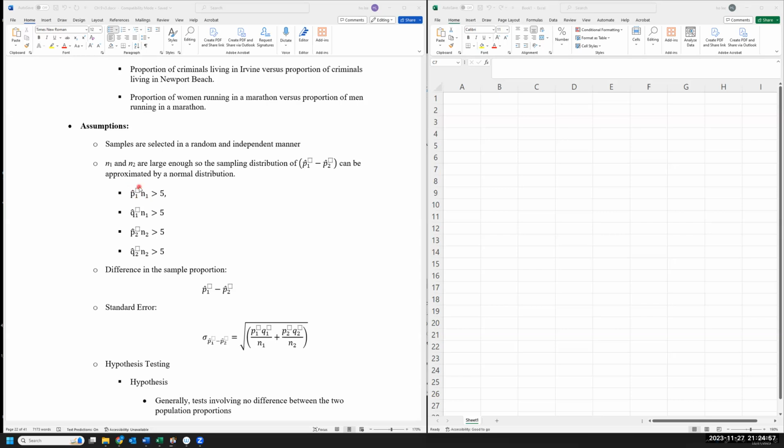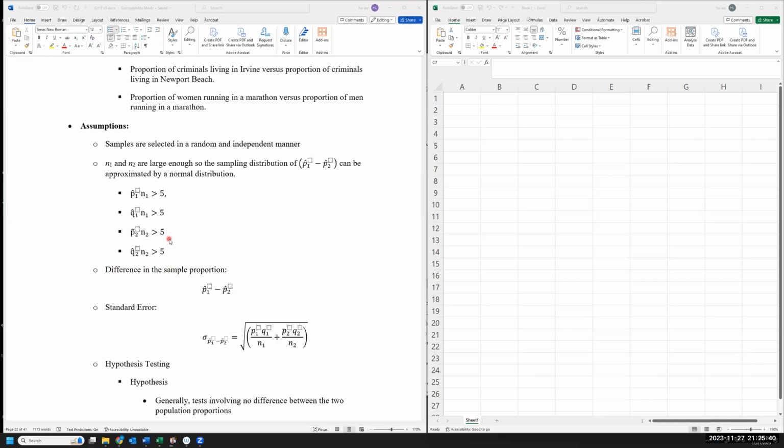P1 hat times the sample size N1 has to be greater than 5, and Q1 hat, which is 1 minus P1 hat, times N1 has to be greater than 5, and the same thing has to be true for the sample from population 2. So all of these need to be greater than or greater than or equal to 5, depending on the book, and I'm not going to mark you wrong if you do greater than or equal to, because it depends on the book, frankly.